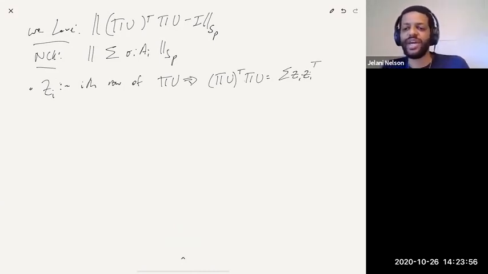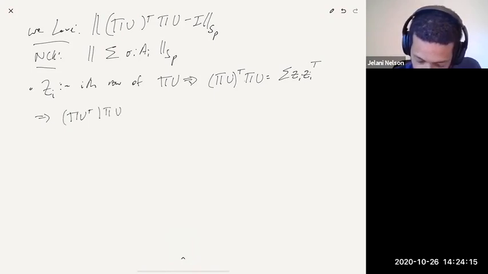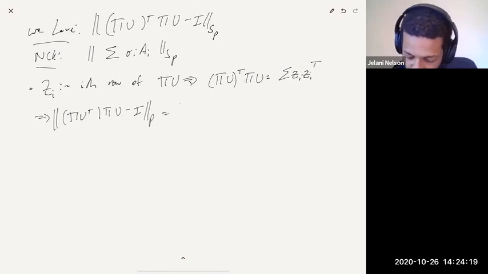We've already seen this before. In general, A transpose A is the sum of A i A i transpose. So let me write it like this: the p norm of pi u transpose pi u minus identity. Remember how I defined the p norm of a matrix: it is the norm of the sum of Z i Z i transpose minus the expectation of the sum of Z i Z i transpose.